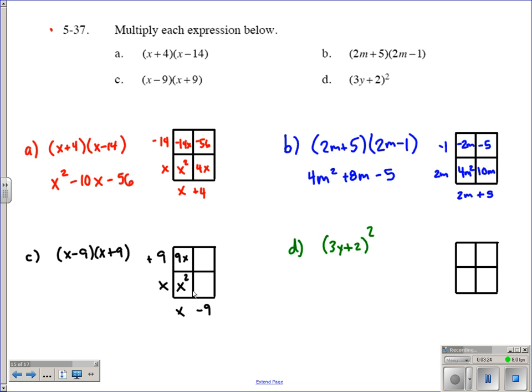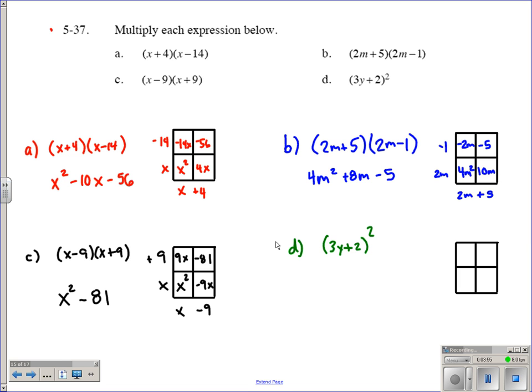Negative 9 times x gives me negative 9x. And then negative 9 times positive 9 gives me negative 81. Let's put it all together. We've got x squared. Our positive 9x and negative 9x add to give us 0, so we don't have to put that in there. And then we have minus 81, which is a difference of squares. Like I said, this is a perfect square. That's a perfect square, and we're subtracting them.